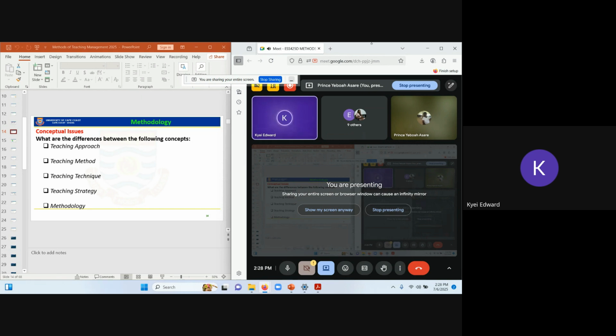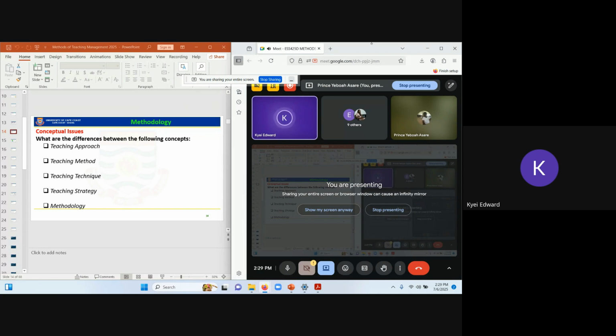Talking about teaching approach, we are looking at the theories, or maybe your particular theory you have taken, being it, let's say, the constructivist theories, and the rest. So maybe as a teacher, you have one philosophy in mind that you used to teach, or one model or theory that you have adopted as a way of teaching. That will go into the teaching approach.